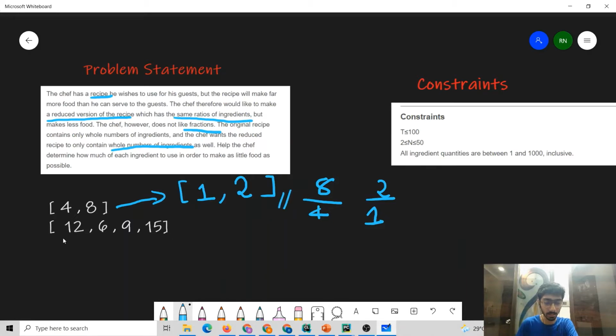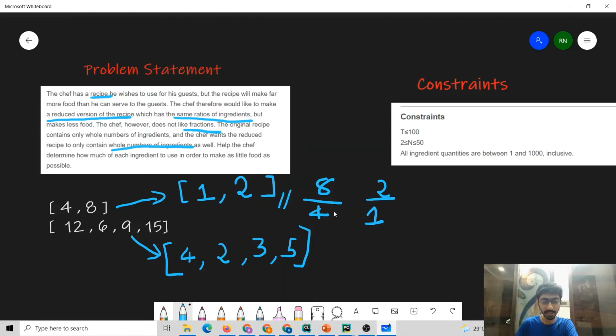Let's take a larger example. Consider that we were given an array of 4 elements, which is 12, 6, 9 and 15. Consider that this array is being reduced to another array, which is 4, 2, 3, 5. Let us check if both the conditions are being satisfied or not. Consider any pair of elements, for example the first and last.